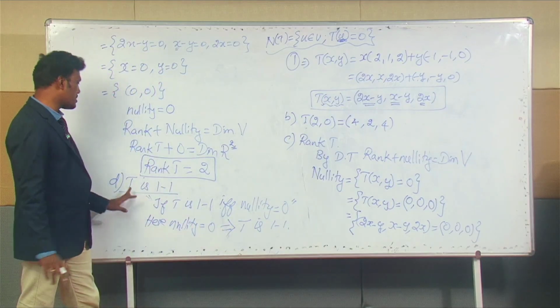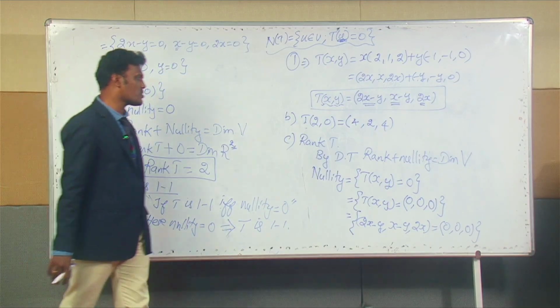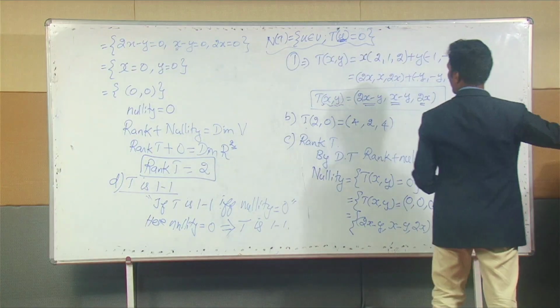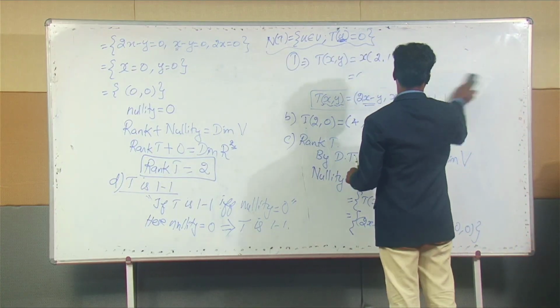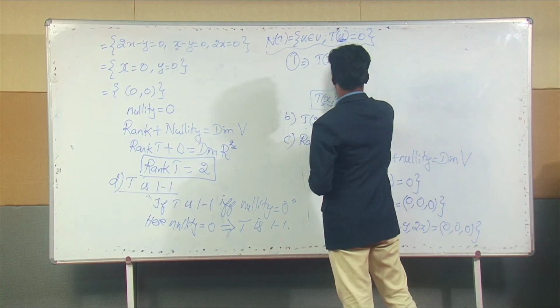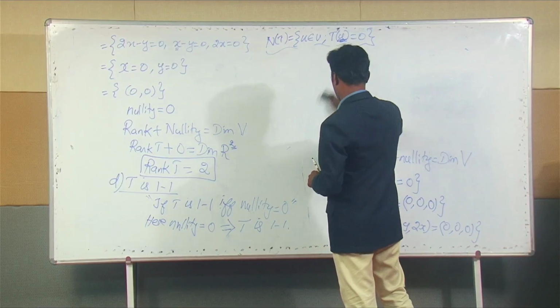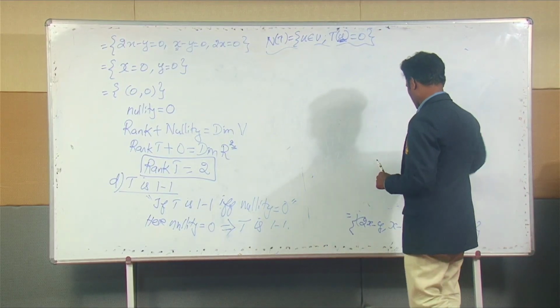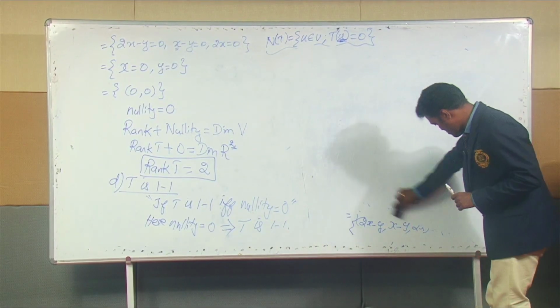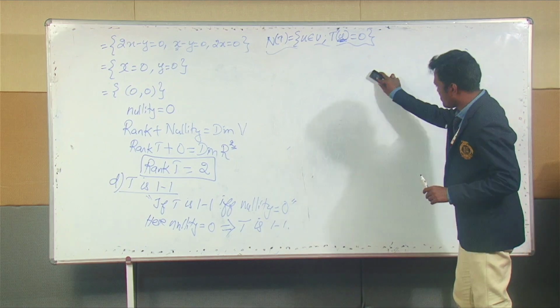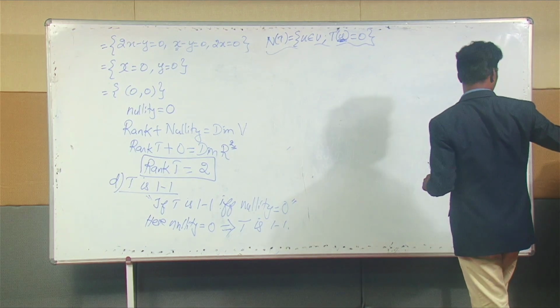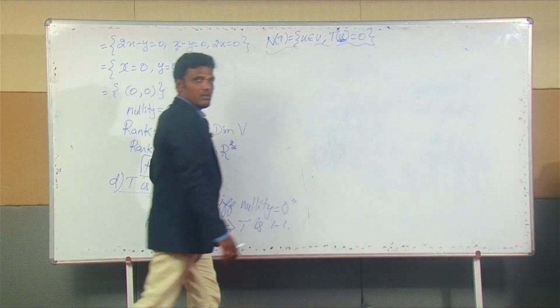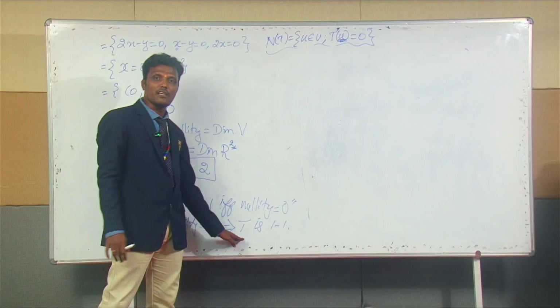So the next subdivision is over. Nullity is 0, so T is 1 to 1.